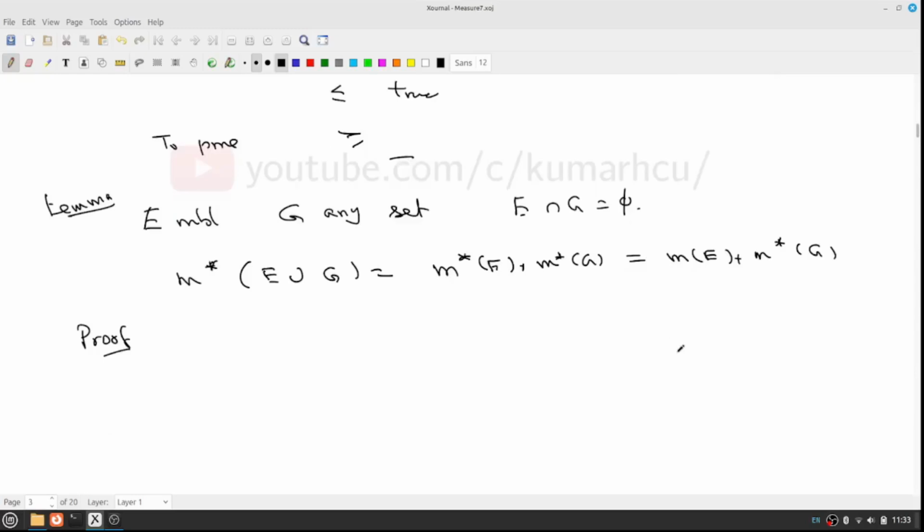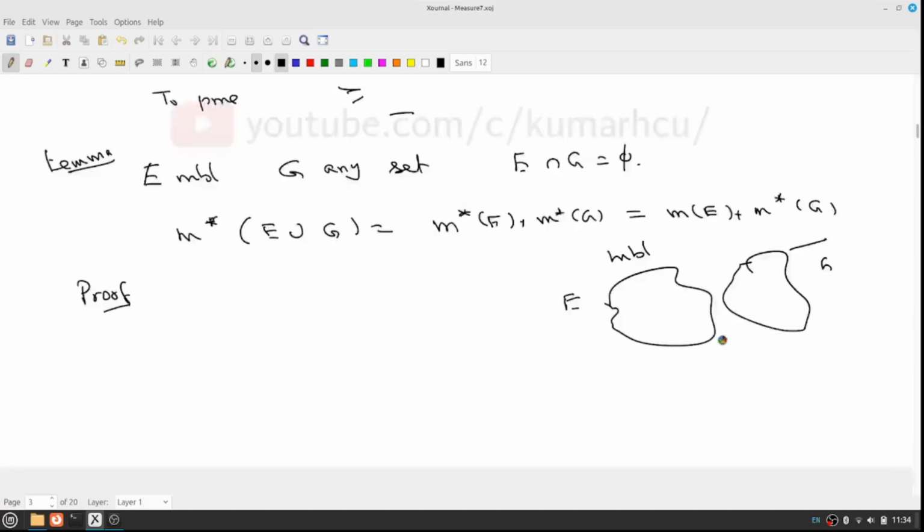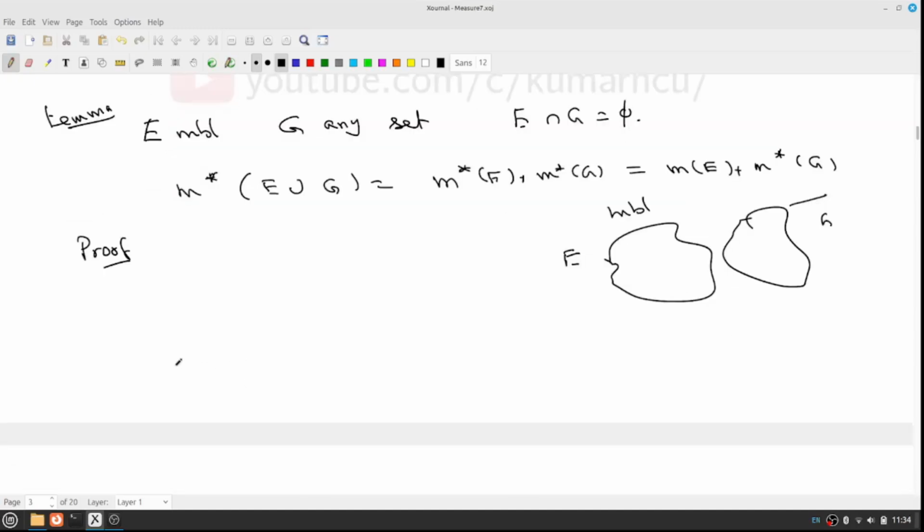So think of this as my E, and this as my G. This is measurable, but this is not necessarily. Then I want to say the outer measure of their union equals the sum of the outer measures. The trick is very easy. Take my test set F to be E union G. Then what is F intersection E?